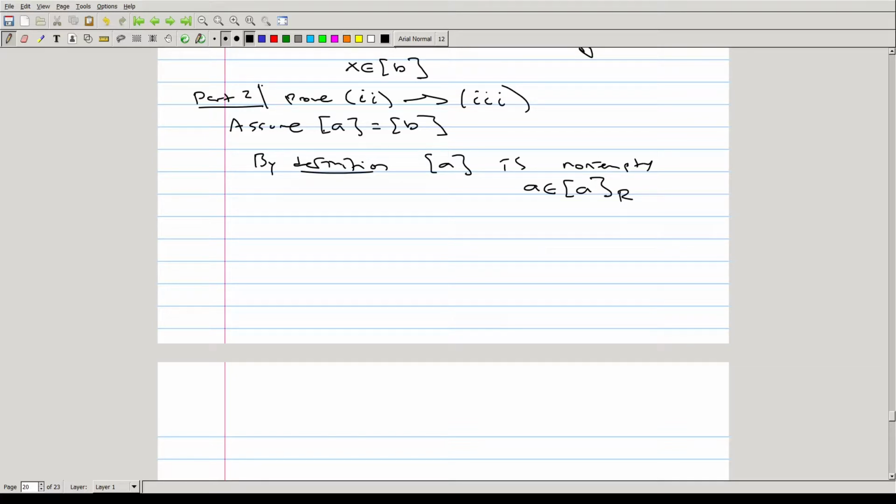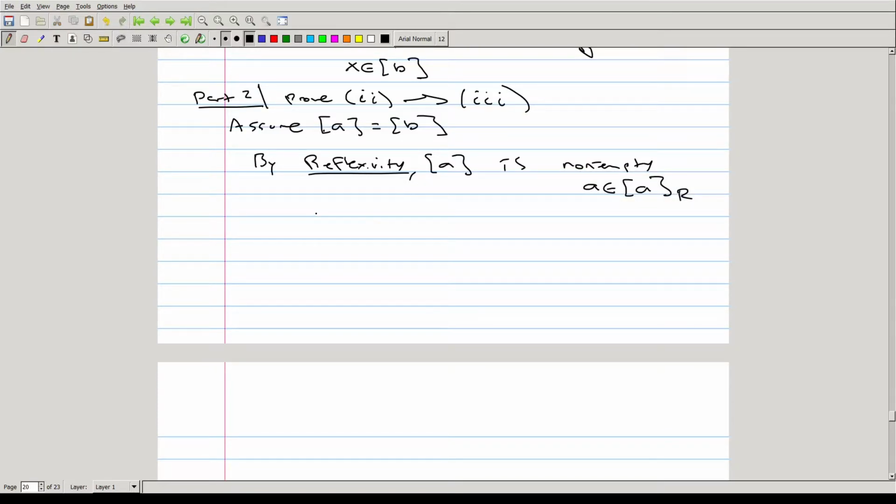Specifically, this is coming from a specific property of reflexivity. So I can put by reflexivity, which is one of the things that defines an equivalence relation. The equivalence class of A will always be non-empty because it will always at least contain the element A itself.